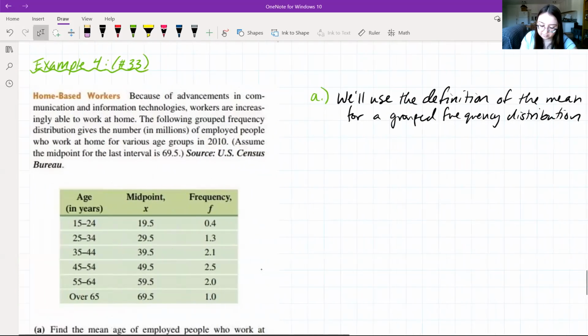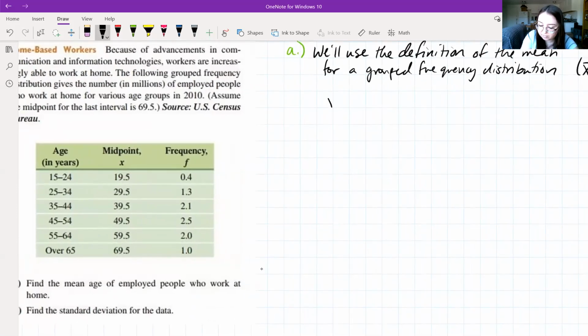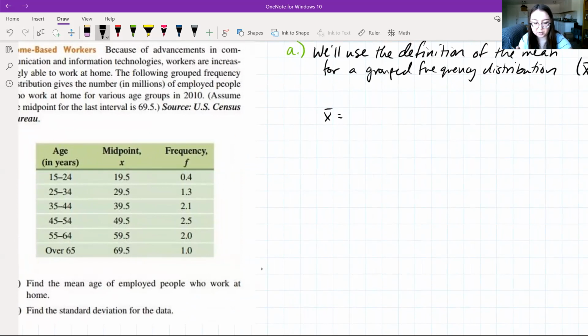All right. So we have our midpoints, so we don't have to find those. But to find the mean, remember we take the midpoint, multiply by the frequency. For our first interval, we take our midpoint, which is 19.5, multiplied by the frequency, which is 0.4. Then our second interval, our midpoint is 29.5, multiplied by the frequency, which is 1.3.